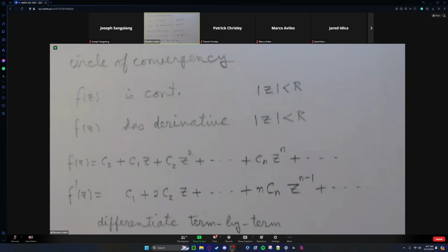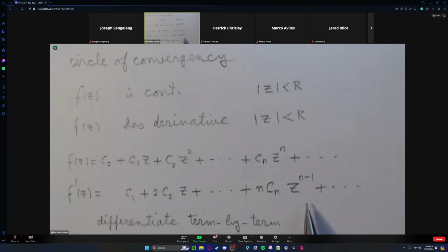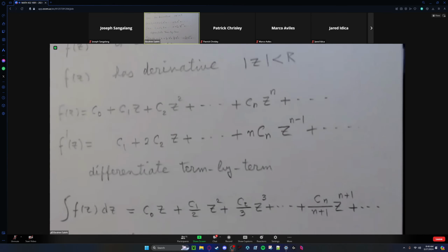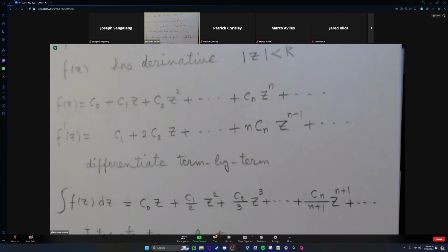Just term by term, like what we do in polynomials. Differentiate term by term, and in fact, integration will also be term by term. And the nice thing about it is that the integral and the derivative will have the same radius of convergence as well.